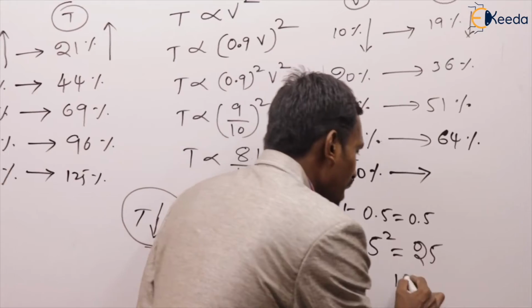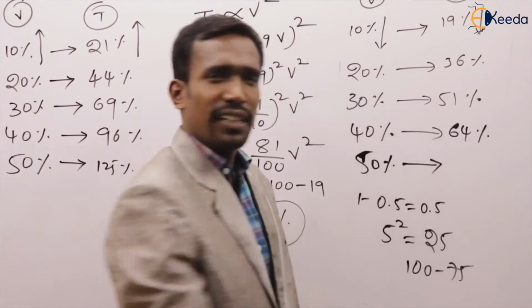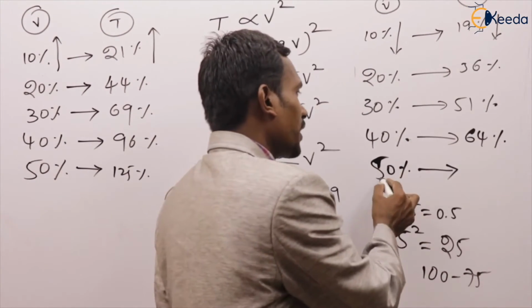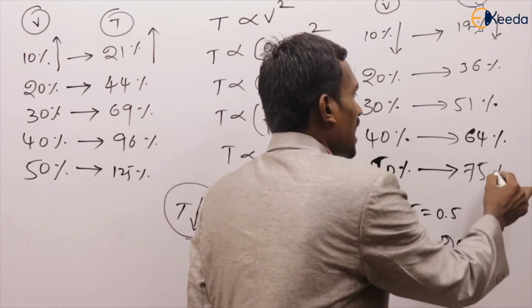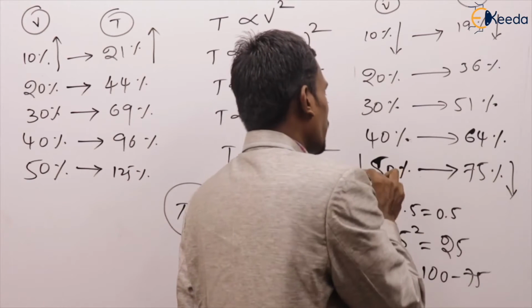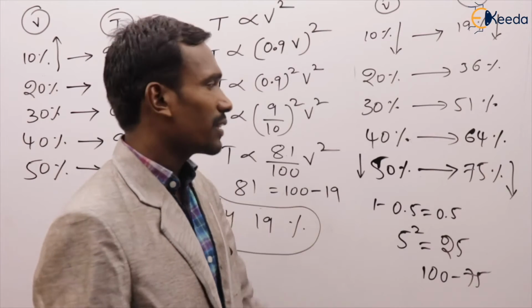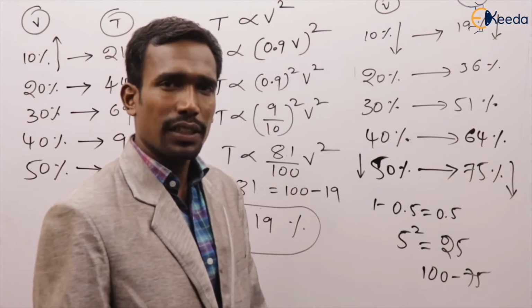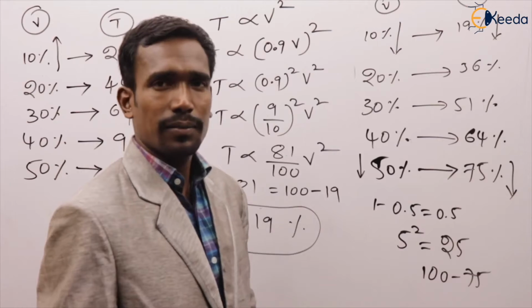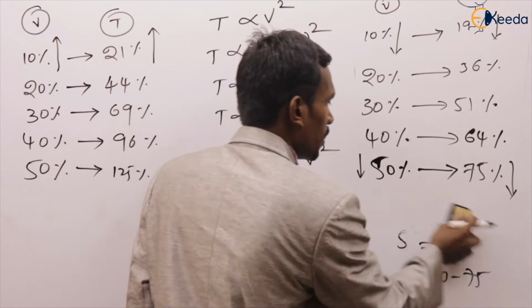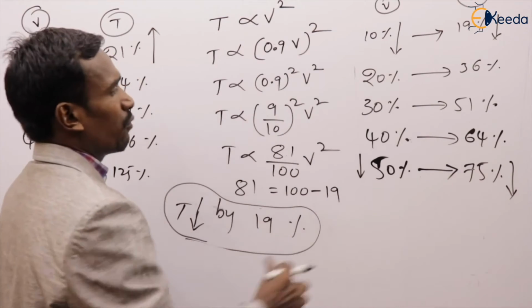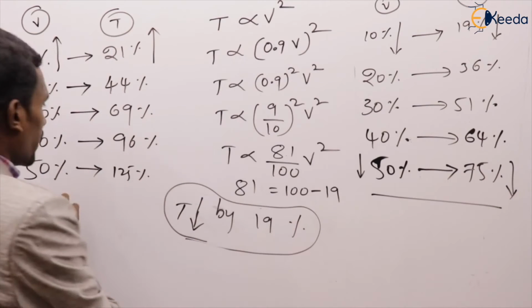What is 25? 100 minus 75. So, if voltage reduced by 50%, the torque reduced by 75%. Torque reduced by 75% because of the square law. These are very important.